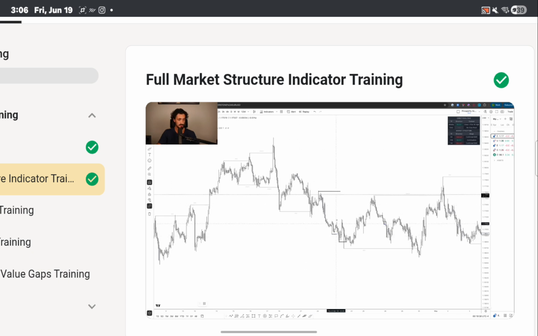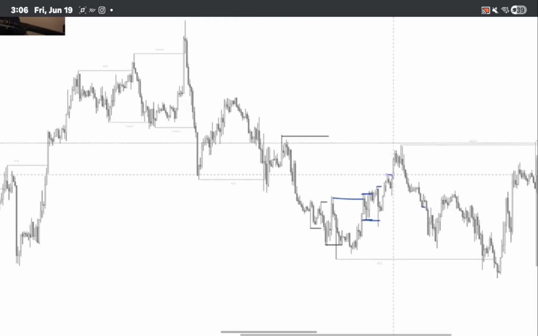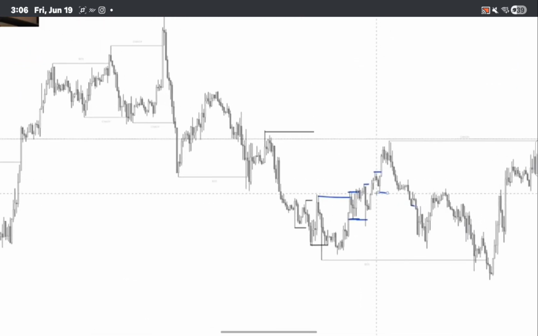We would put in a high in here. These are just random highs and lows. And then price would break the highs, give you a reversal, break the lows, give you a reversal, break the highs. Then you'd have a new high, a new low. We'd break the highs, we'd break the lows. You'd have a new high and a new low. You'd break the lows, so you won't be able to trade the highs.